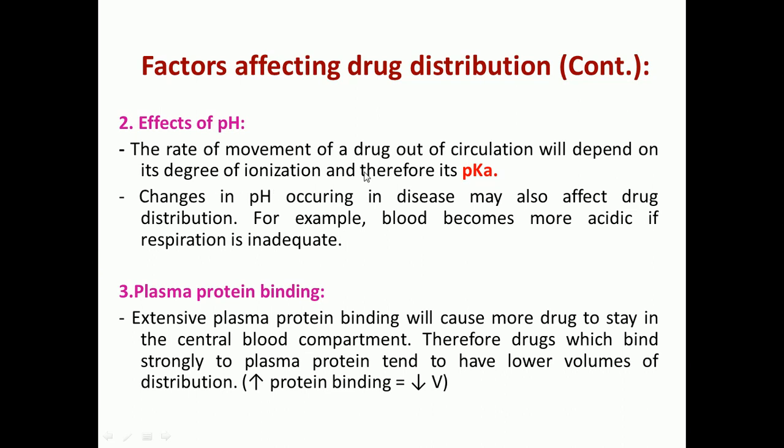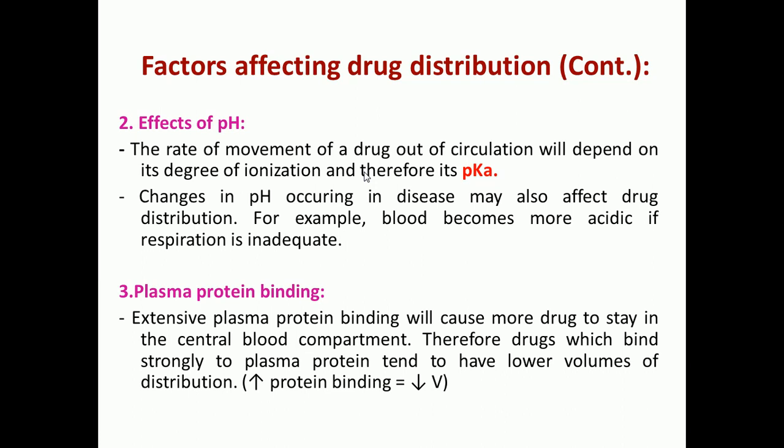The rate of movement of a drug out of circulation will depend on the degree of its ionization and therefore its pKa. If you remember, acidic drugs will best distribute in acidic medium, while basic drugs best distribute themselves in a basic medium.